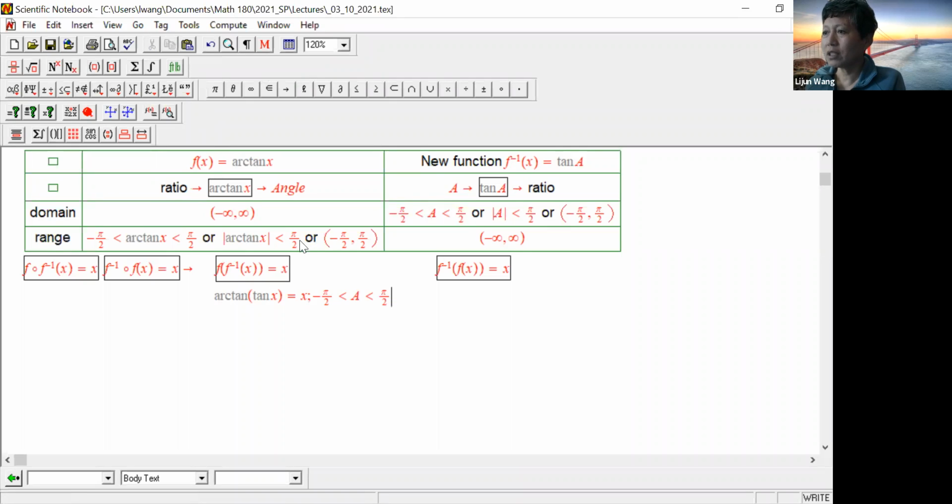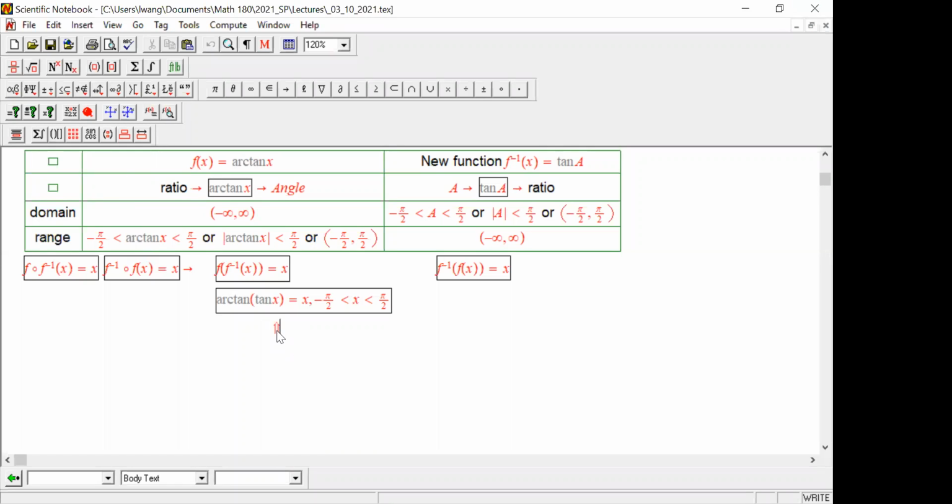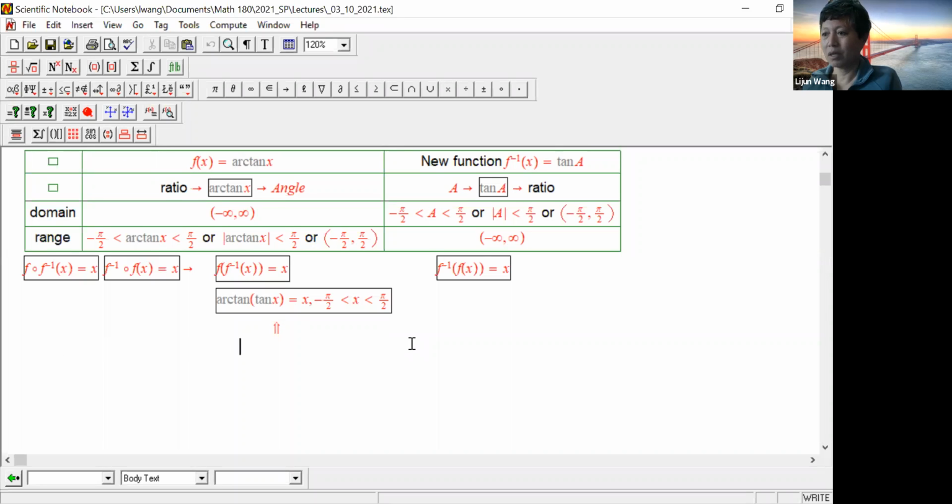So this condition has to be attached. You follow me? And of course, in this case, what kind of input is this? I want you guys to think about this. The input is an angle. That's right. Perfect answer, right? That input is an angle.